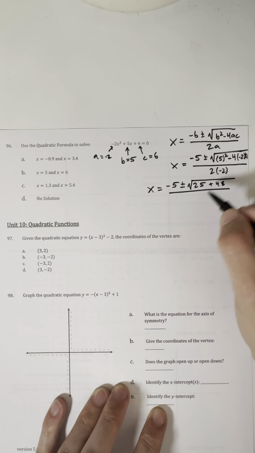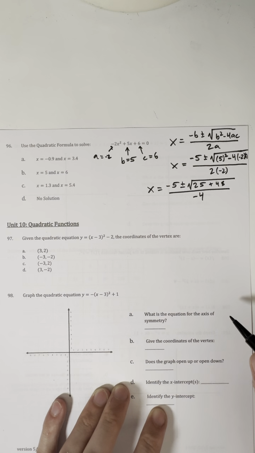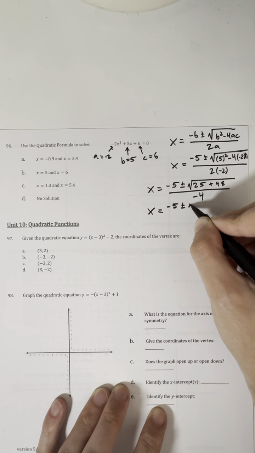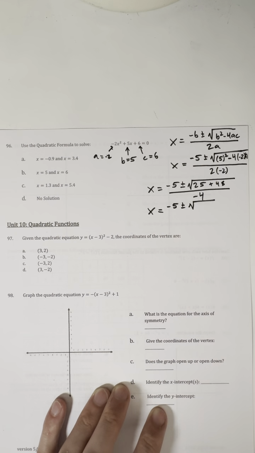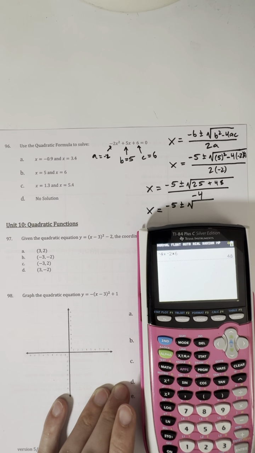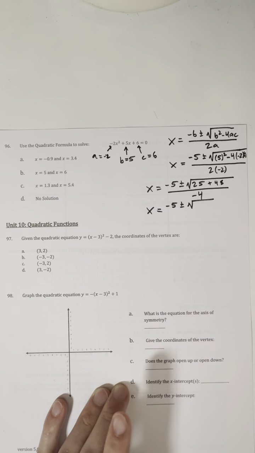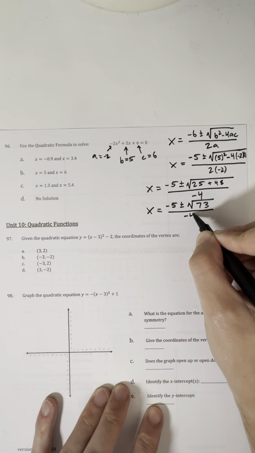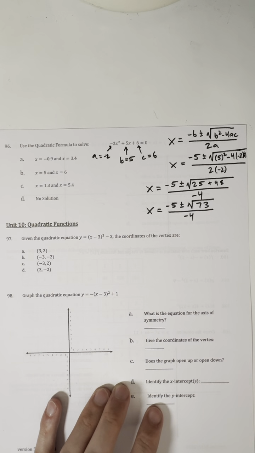Divided by 2 times -2 is -4. All right. I always like this step where I just have to add or subtract two numbers together. I can do that. 25 plus 48 is 73. Divided by -4.